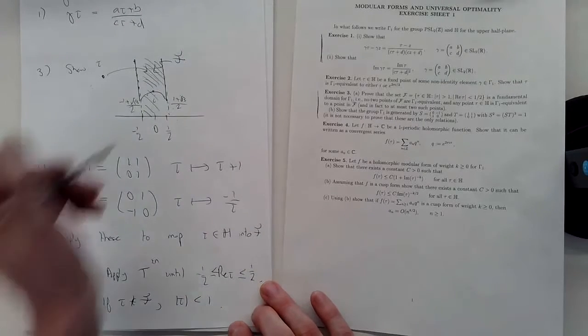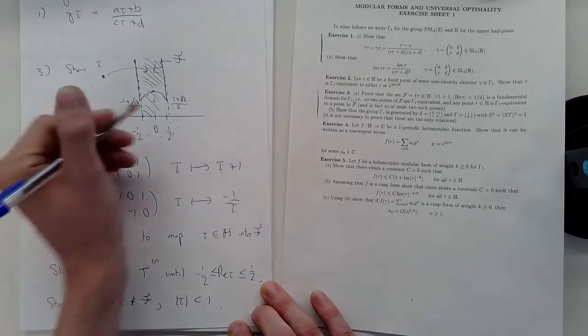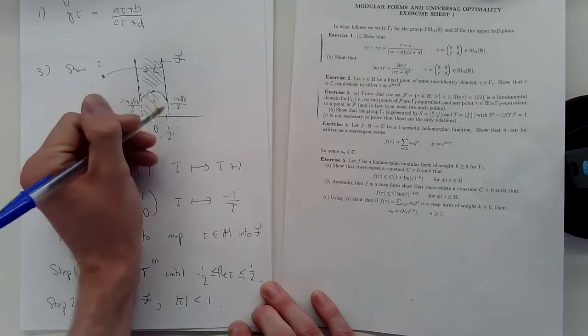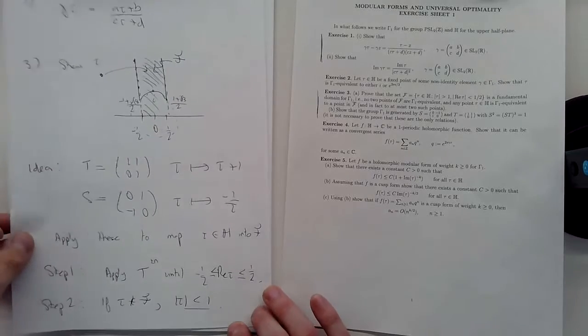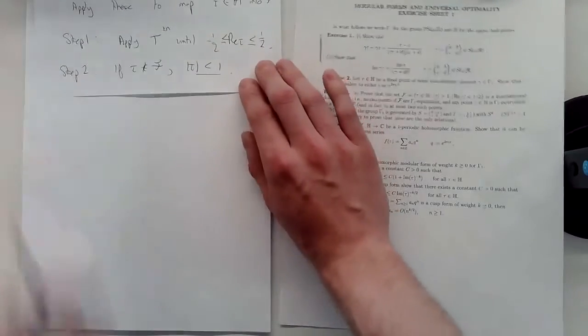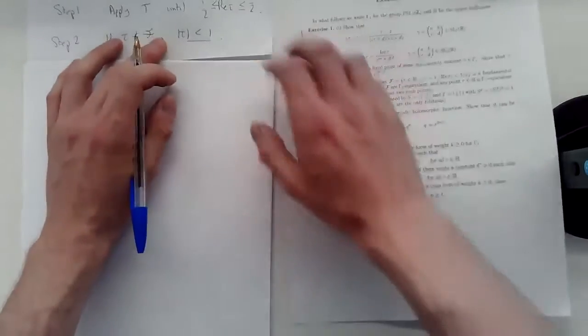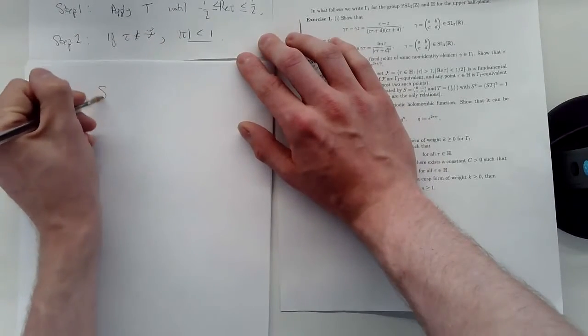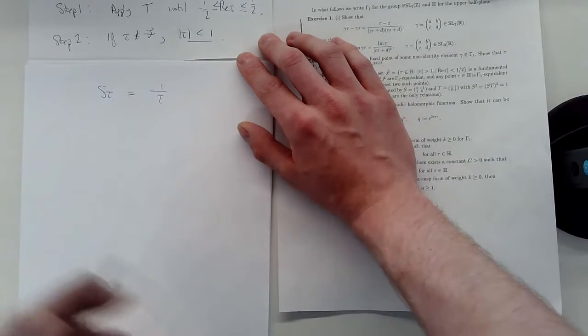So if tau is not already in this fundamental domain, then it's lying inside the intersection of this circle of absolute value less than 1 and whatever's inside this strip. So we have that tau would have absolute value less than 1. In this case, now take S tau, which sends tau to -1/tau.